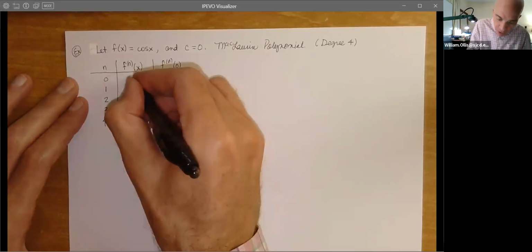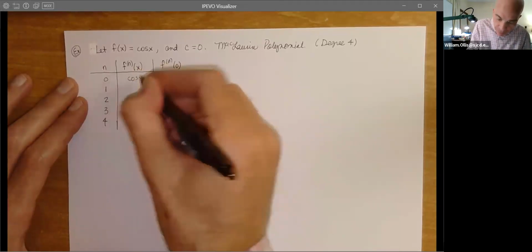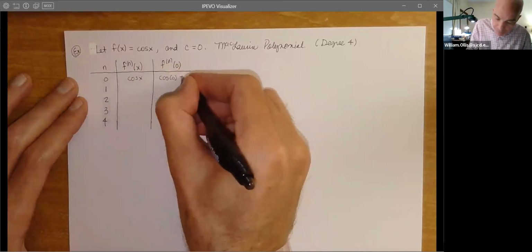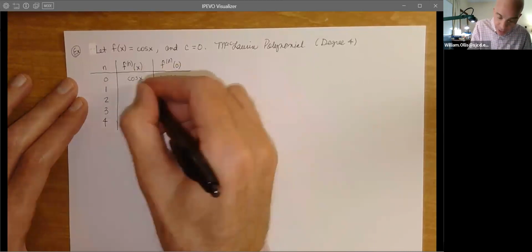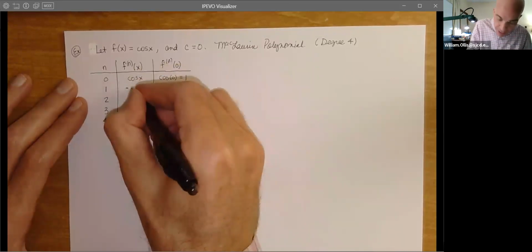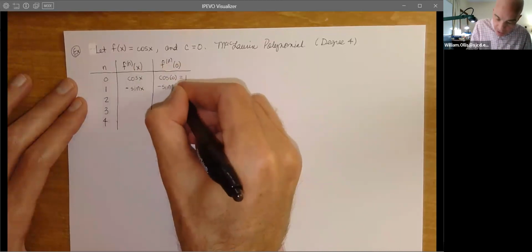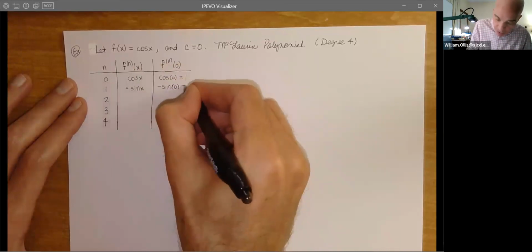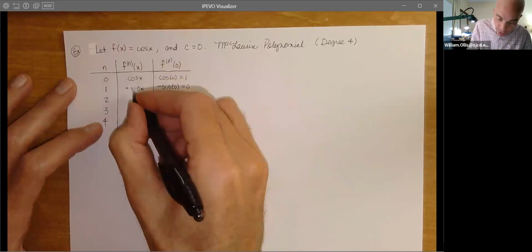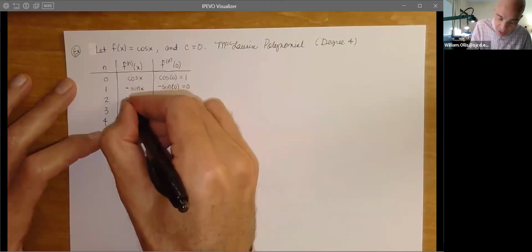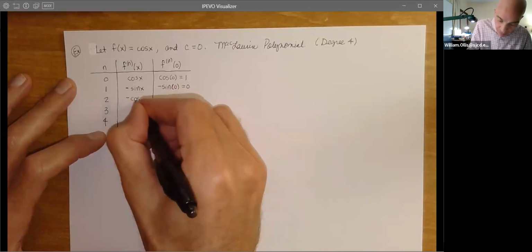So here we have cosine x. So cosine of 0 is 1, pre-cal. Then we have negative sine of x. Negative sine of 0 is 0. Then the derivative of negative sine is negative cosine.